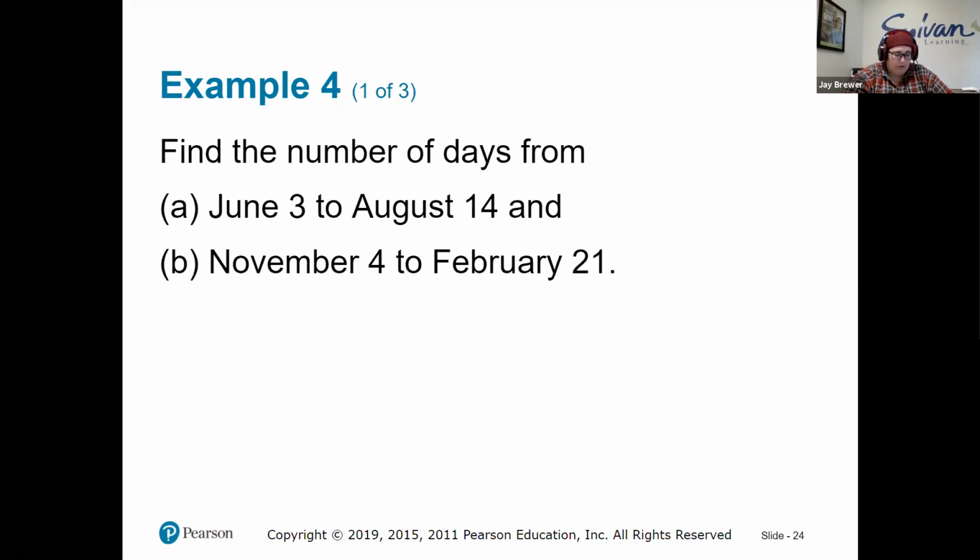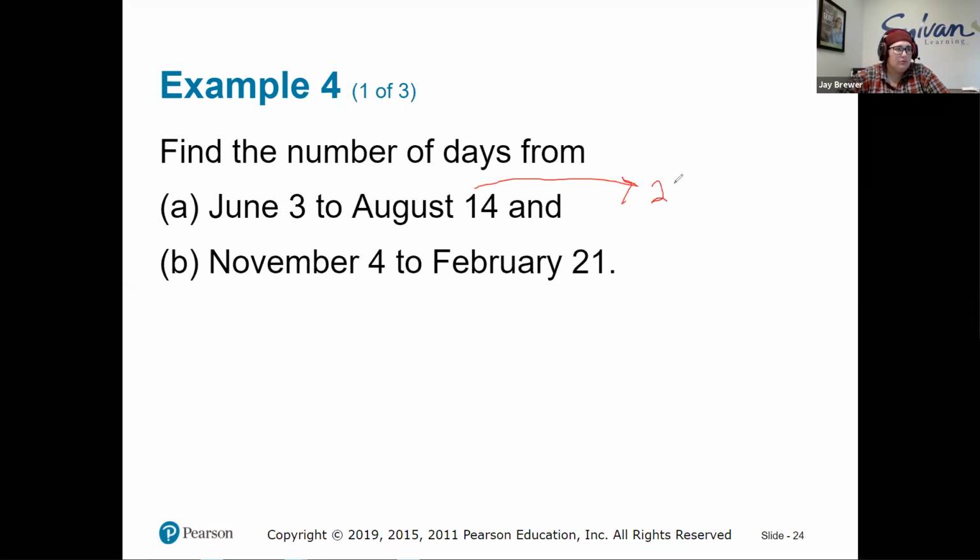So I would go to the 14 on the right side and I would scroll over to August, and we get the day for August 14th being day 226. So this date is the 226th day of the year.